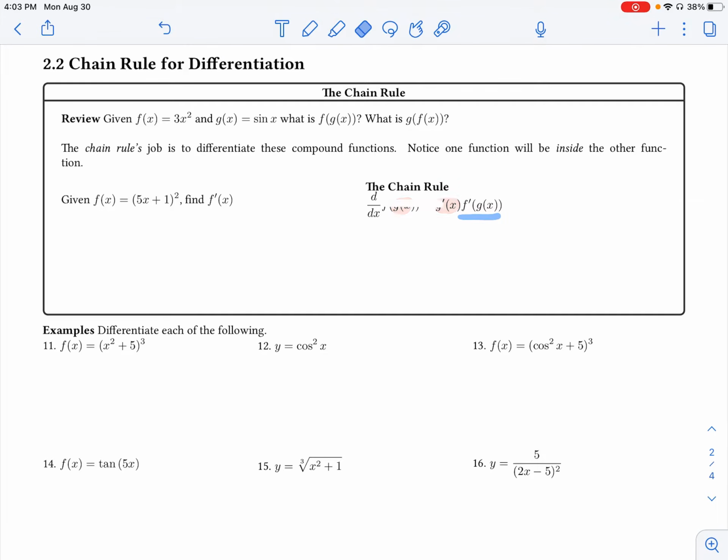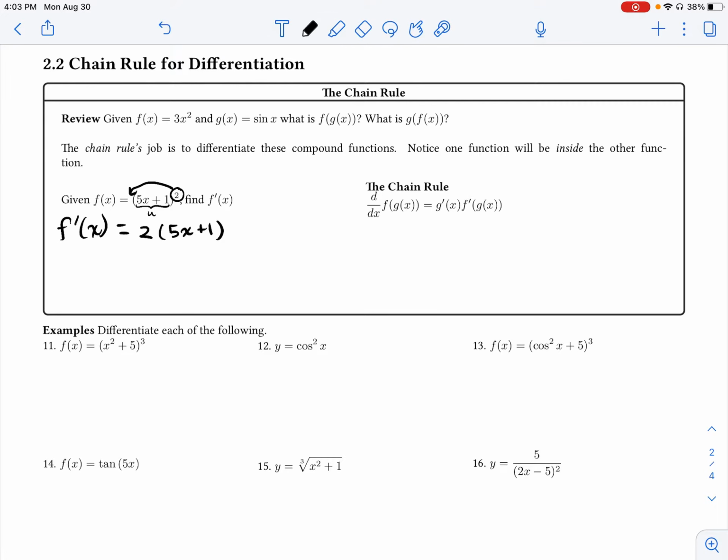So what does that look like with actual functions here? If we say that f of x is equal to 5x plus 1 squared, and I think we did something pretty similar to this, we'd say that f prime of x would be the following. The derivative of the outside. I'm going to treat this like it's its own function. So temporarily, I'm going to apply the power rule: 2 times the coefficient, which is already there, times 5x plus 1.